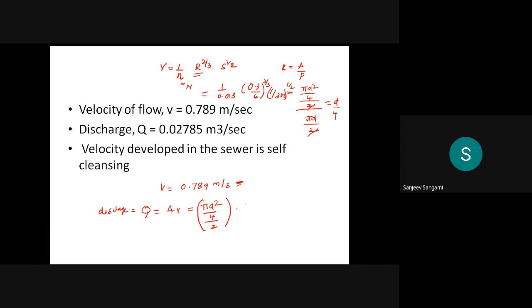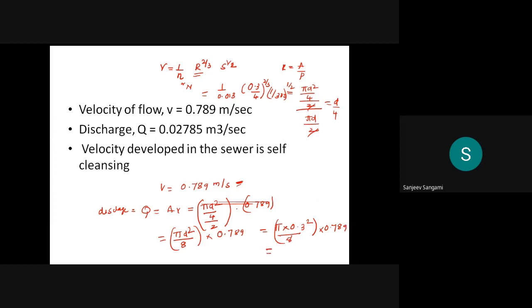Then the velocity has been given, that is 0.789 meter per second. So it will be 5d square by 8 into 0.789. So then 5 into d, that is 0.3 square divided by 8, into 0.789.